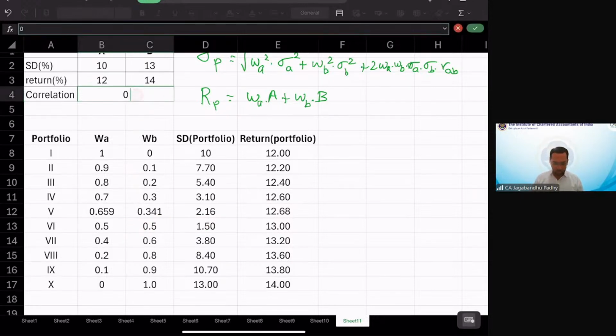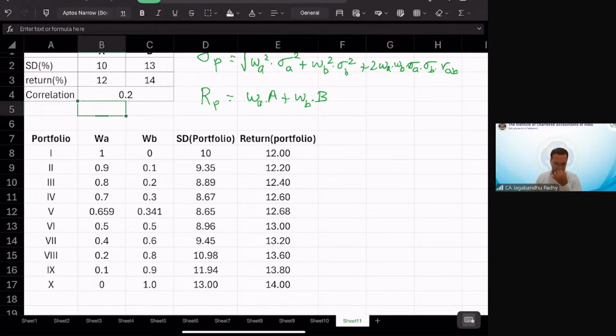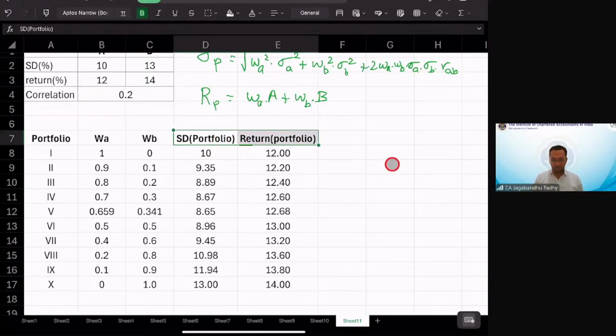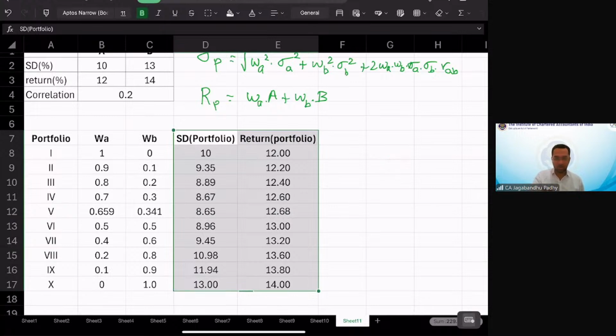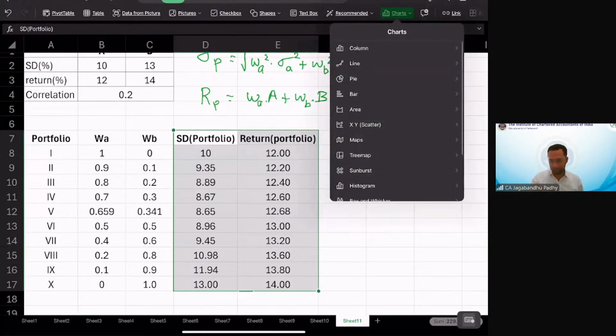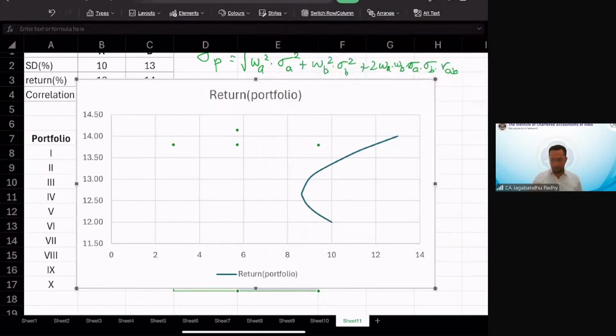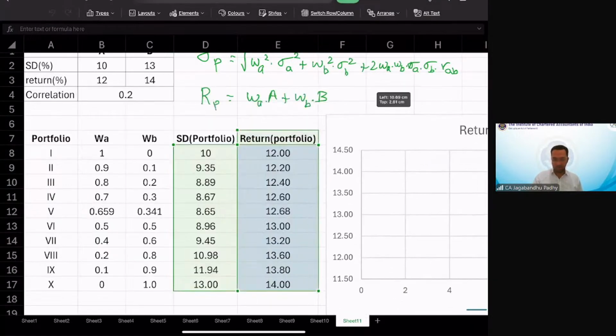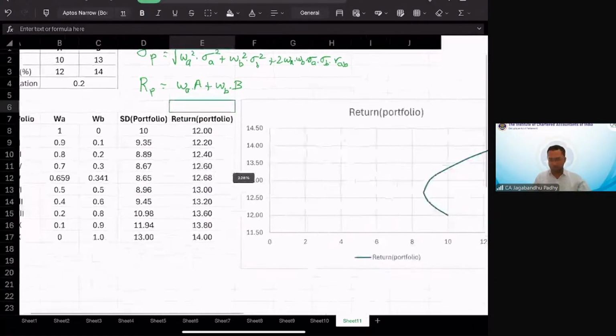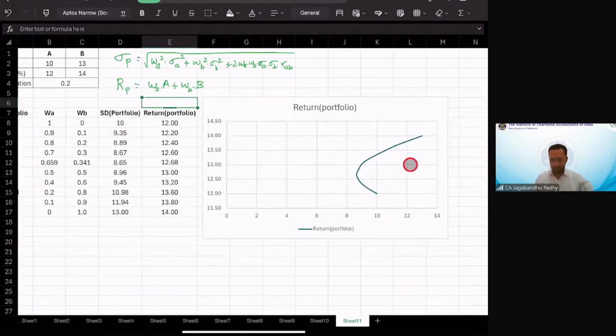So originally, when our correlation was 0.2, this was the portfolio standard deviation and the return that we were observing. Now, if I try to plot these two in a graph, this is what the graph looks like. Look at this graph.